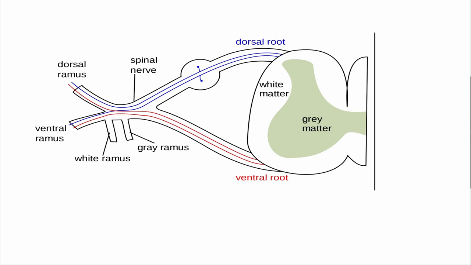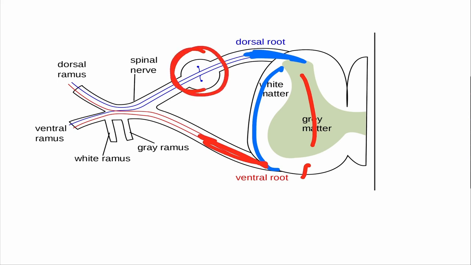One thing you know, we already said there is going to be gray matter inside and white matter outside, and from this side there is a dorsal root which is sensory. Always remember, dorsal root is sensory. We have studied this. Ventral root is motor, and this ganglion is important for us today.